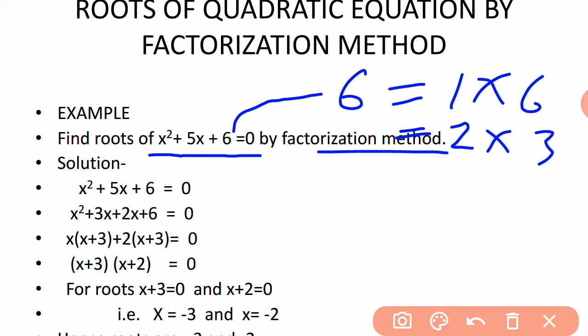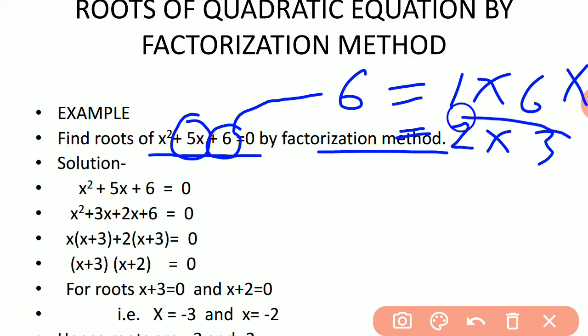Now we will add and subtract these factors so that it becomes 5. So here 6 plus 1 equal to 7, 6 minus 1 equal to 5, and product of 6 and minus 1 equal to minus 6, but here it is plus 6, so it will not be possible.